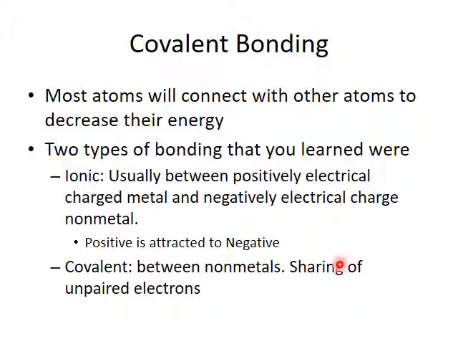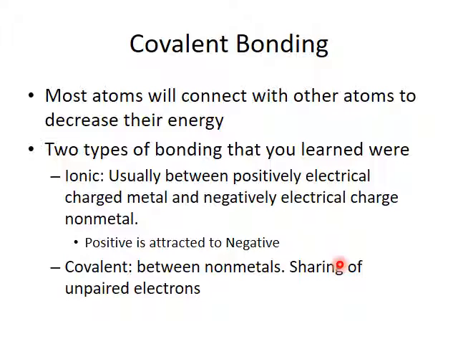Okay, covalent bonding. Whenever an atom bonds to another atom, it decreases its potential energy, which is a good thing. There are 2 types of bonding that you should have learned about.